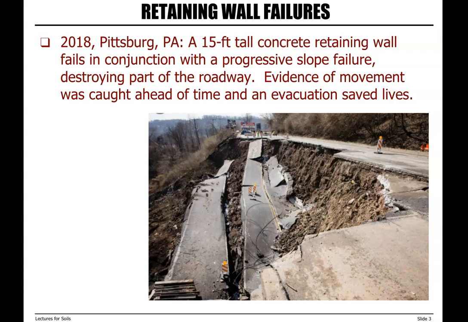This slide shows another example of a retaining wall failure. This one is in Pittsburgh in 2018. A 15 feet tall concrete retaining wall fails in conjunction with a progressive slope failure, which again destroyed part of the structure, in this case, roadway.